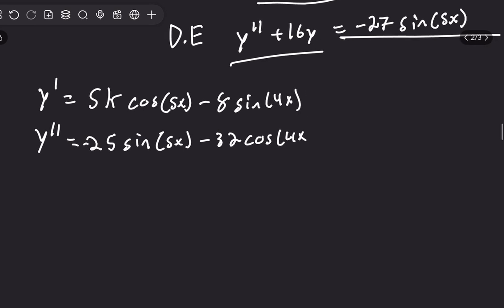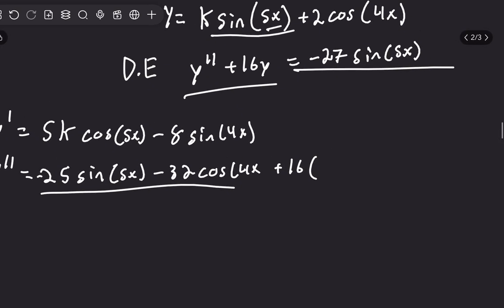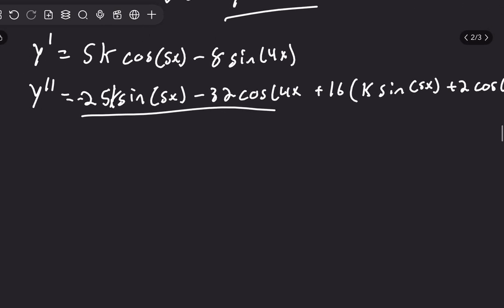So the double derivative will take this plus 16 times our original y, which was k, I forgot the k over here, k sine 5x plus 2 cosine 4x. Okay, and now we'll distribute the 16 out.